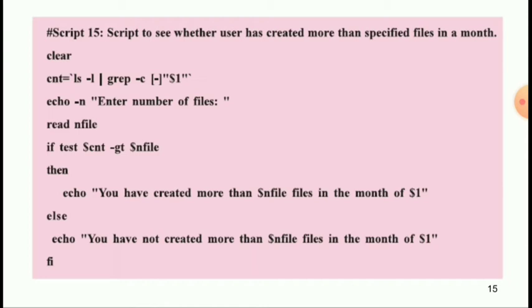If test $cnt -gt $nfiles, then echo you have created more than $nfiles files in the month of $1. Else echo you have not created more than $nfiles files in the month of $1, and then fi.